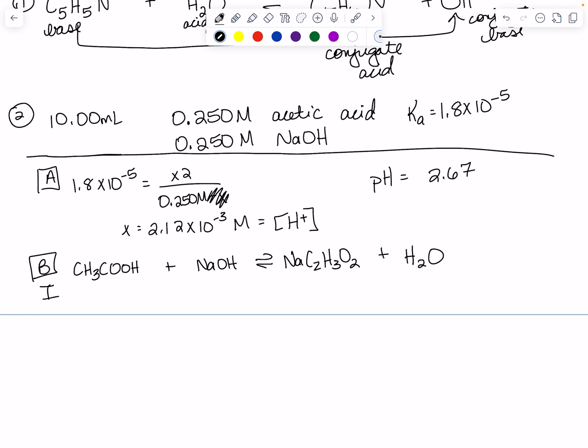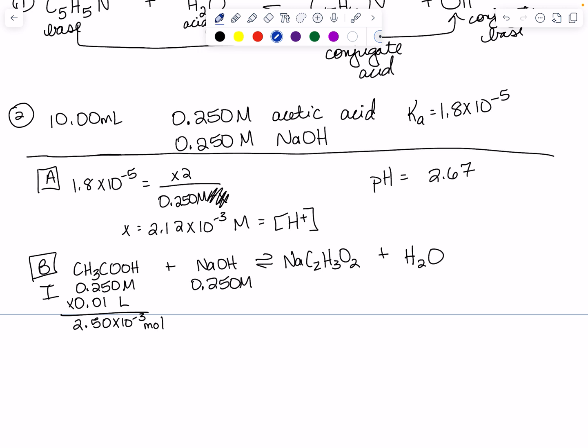Initially, we start with 0.25 molar acetic acid and 10 mils of it, which is 0.01 liters. If we multiply these together, that gives us the moles, 2.50 times 10 to the minus 3 moles. And then we're likewise starting with 0.250 molar sodium hydroxide.